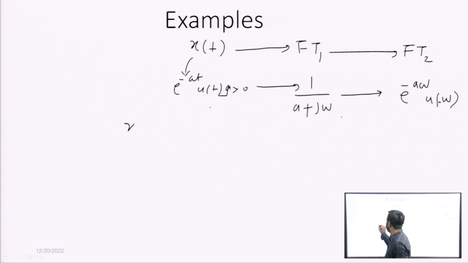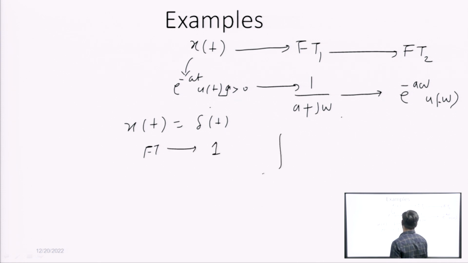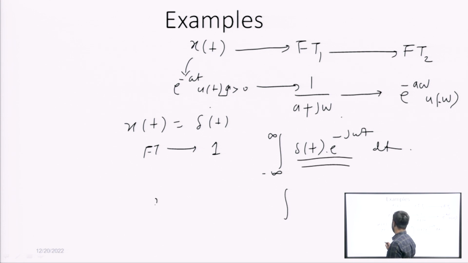Then again, very important: if x t is del t, then the Fourier transform of this is basically 1. How? Integration from minus infinity to infinity of del t e to power minus j omega t dt. If you remember the property, x t into del t minus t naught is equal to x t naught.